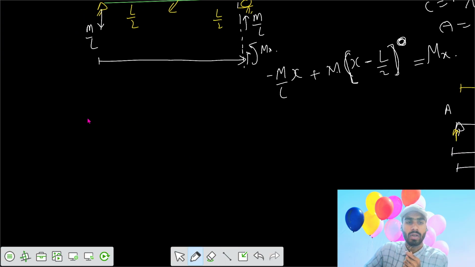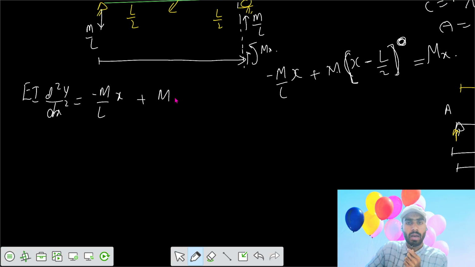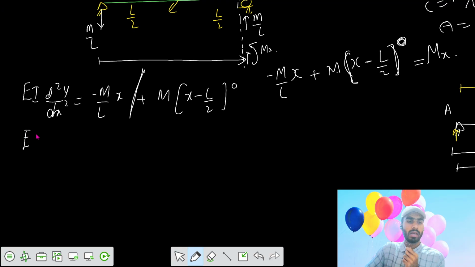that equals, we can write then EI d2y by dx2 equals minus M by L into x plus M x minus L by 2 power 0. So now we have the equation, and we integrate it one more time.